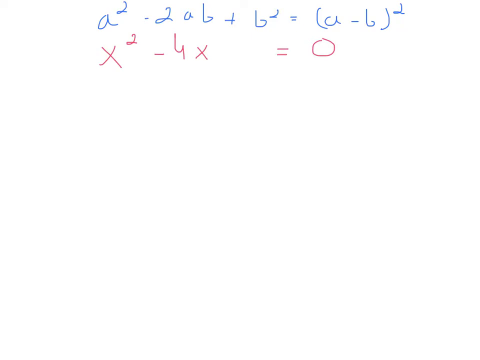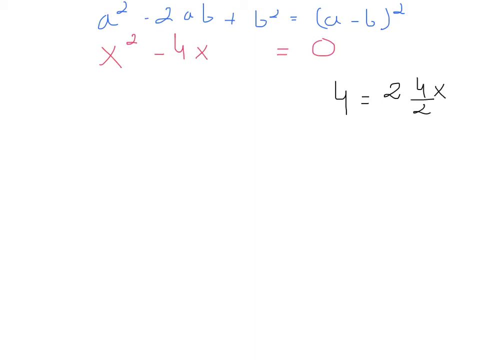Now if you see minus 4, it looks a little bit complicated, but it's easier as soon as we get the concept. Let's just change the 4 here. Now 4 can be written as 2 times 4 over 2.